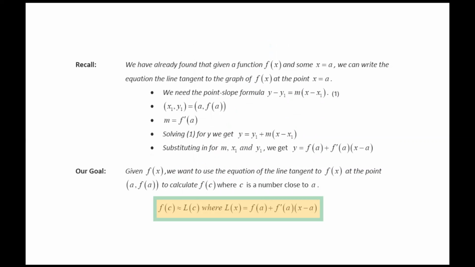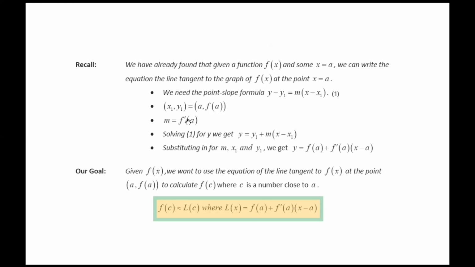Well, first of all, you need the y coordinate. If x is a, the y coordinate is f of a, is it not? And you need the slope. Well, the function is f of x, so the slope m is f prime of x. We want it at a, so it's f prime of a.